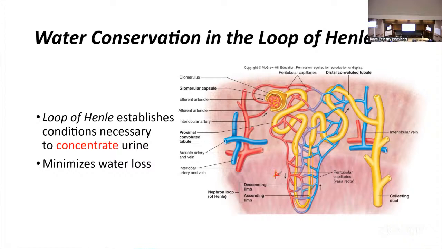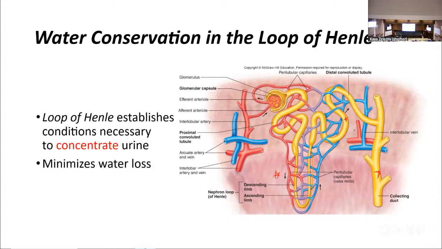This is going to be really important as it dives down into the medulla. Okay. And as we start to think about reabsorption of water, we've already mentioned that our proximal tubule is the mass reabsorber. So we already know the proximal tubule is doing a lot of reabsorption. But we are going to move into thinking about our distal tubule and our collecting duct in addition to that proximal tubule.